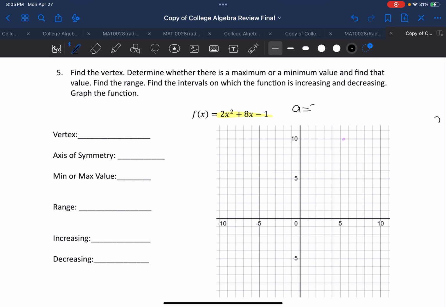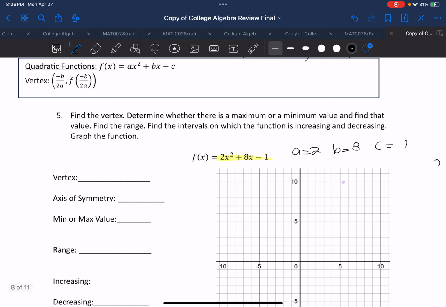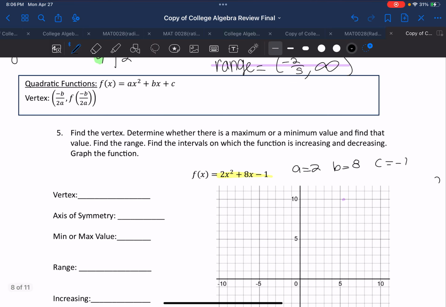And a is equal to 2, b is equal to 8, and c is equal to -1. So remember to find the vertex, and I have it up here. You use this formula. This is what we use to find the x-coordinate. So the x-coordinate of the vertex is going to be equal to -b, which is -8, divided by 2 times a, which is 2.